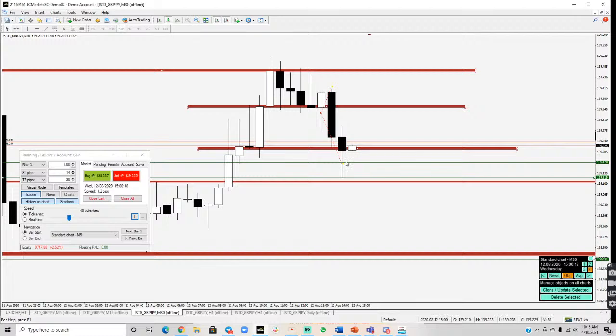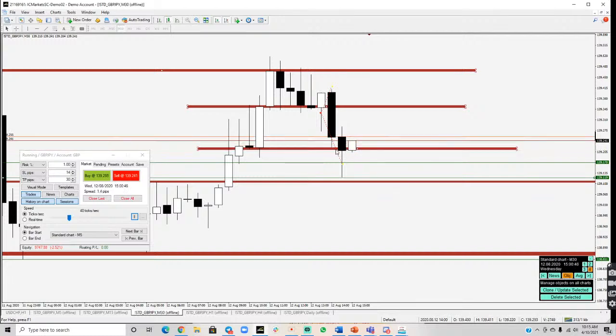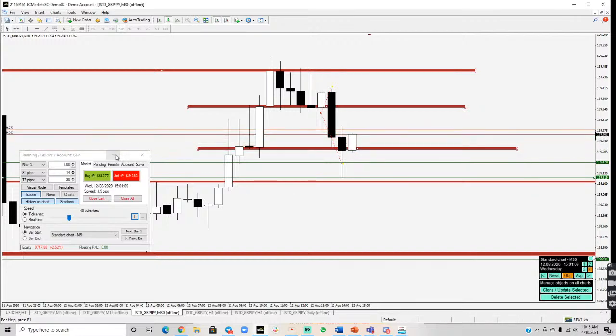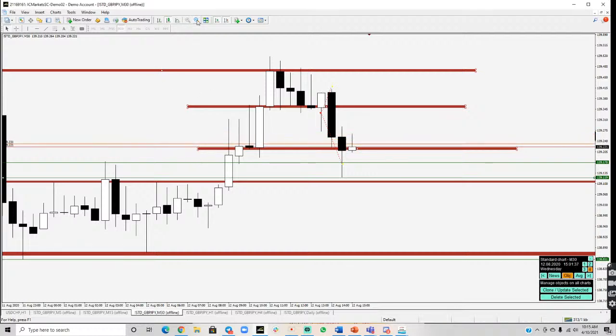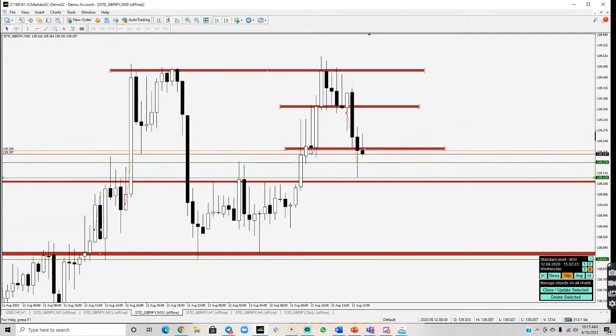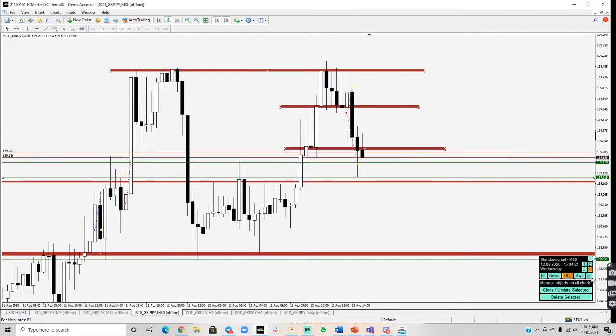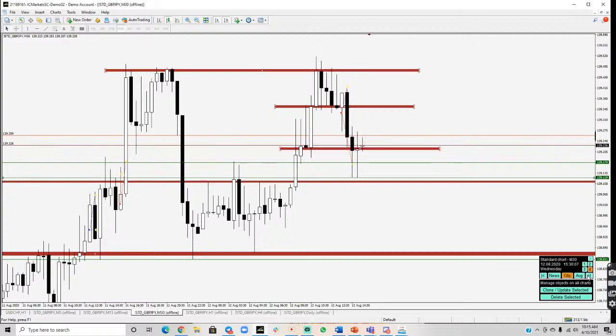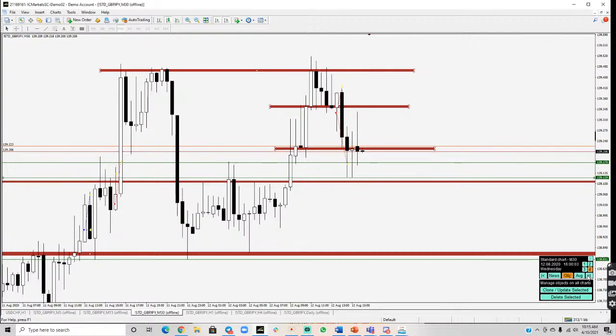You can see we're still closing below this support area, but I think I'm gonna move on to the next trading day. Seeing that the market structure is not the best at the moment, I'm just gonna move on to the next trading day to see what we can actually get.